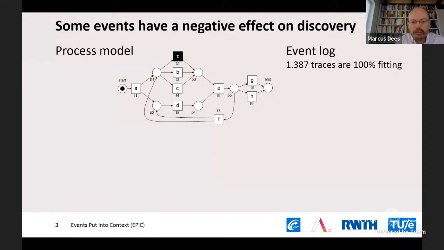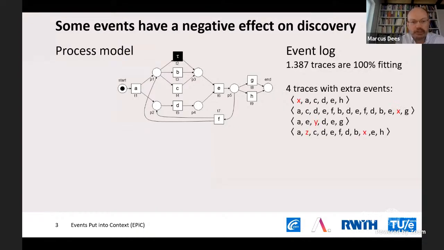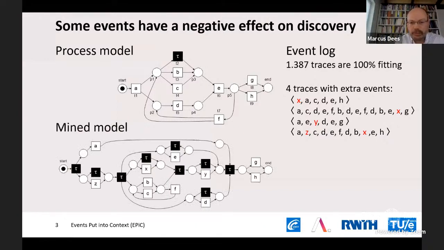Now we add 4 traces with events X, Y, and Z mixed within the fitting trace that are not part of the process control flow, but are still related to the process. When we apply a discovery algorithm, the results look like this, which shows that the structure of the process can no longer be rediscovered by only adding these 4 traces to the event log.